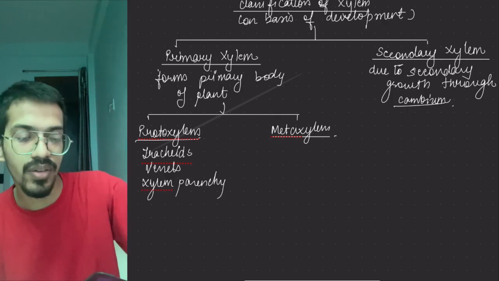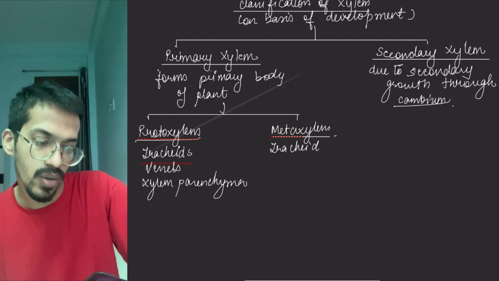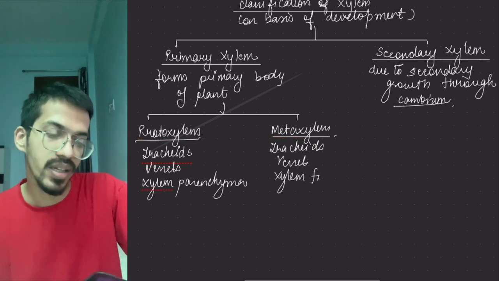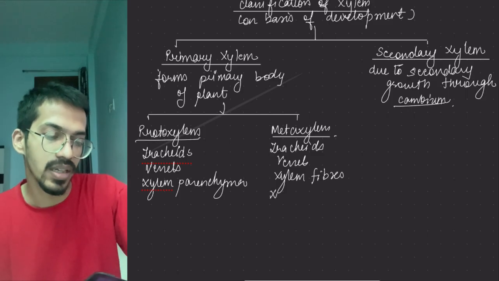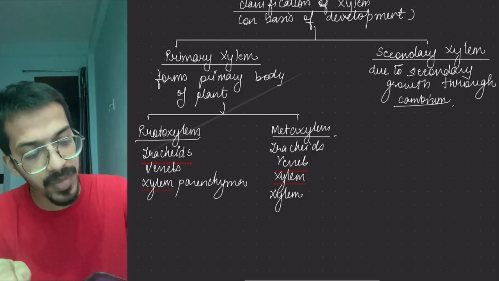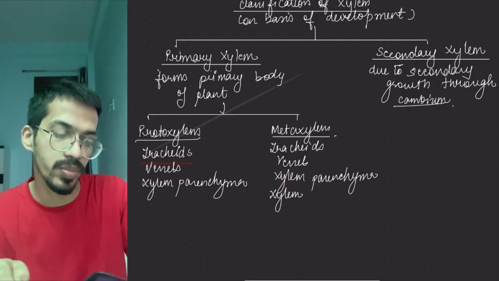Whereas metaxylem will have these three, of course, tracheids, vessels, and xylem parenchyma. Along with that, the fourth part, fibers, is also present.